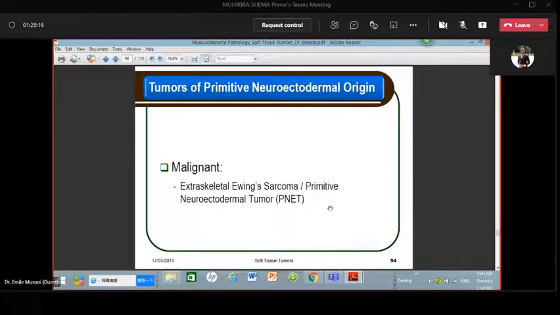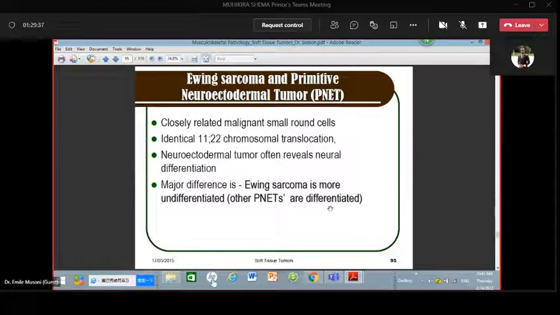There are other tumors of primitive neuroectodermal origin. These are what we call Ewing's sarcoma, associated with the primitive neuroectodermal tumors, like those endocrine tumors. It is known as Ewing's sarcoma. Closely, it is related to those malignancies known as the small round blue cell tumors: Ewing's sarcoma, the fibrosarcoma, neurofibromatosis, and the others.